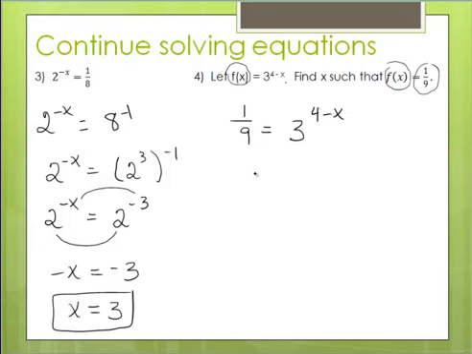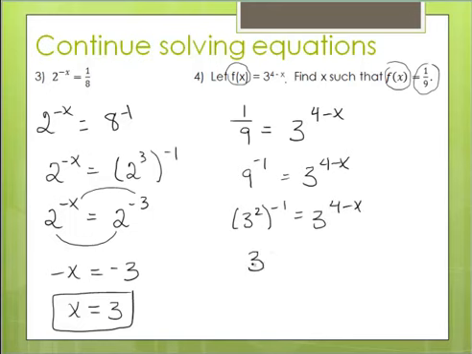Well, 1/9 is the same thing as 9 to the -1. But 9 is the same thing as 3 squared. Power to a power, you multiply the powers. Now the bases are the same, so are the exponents.